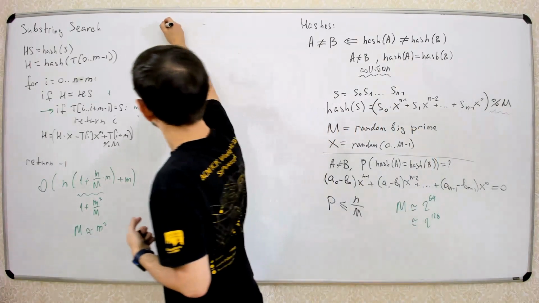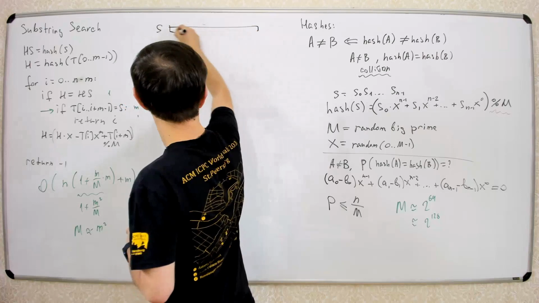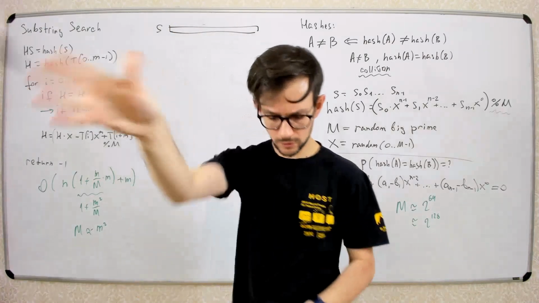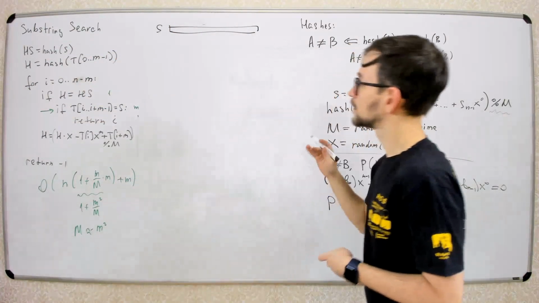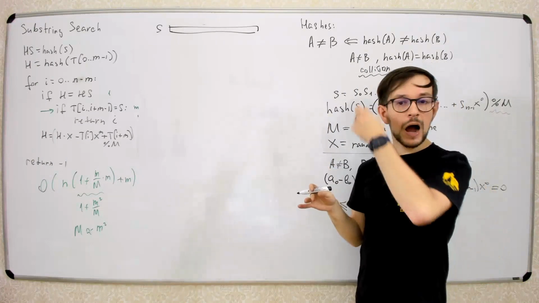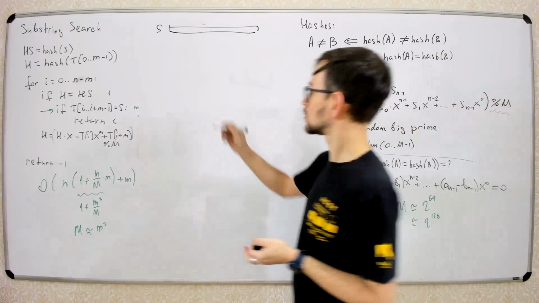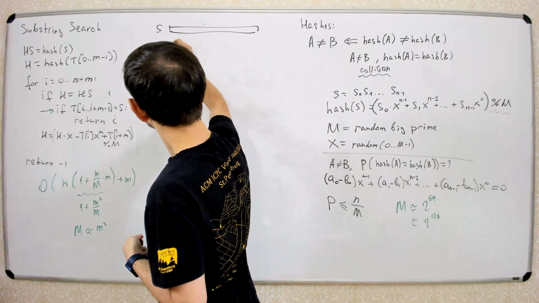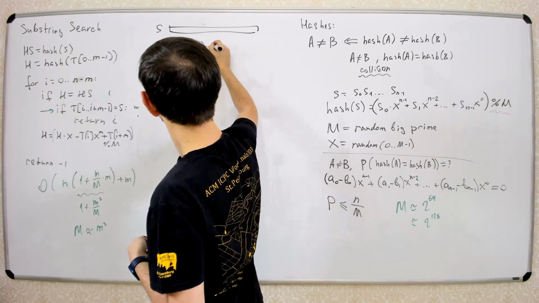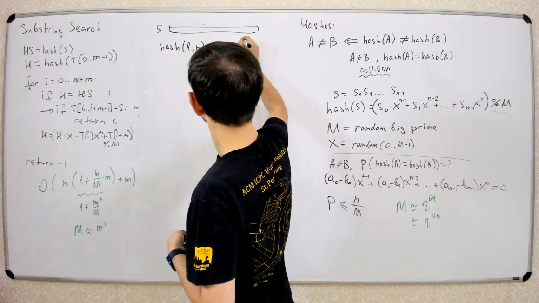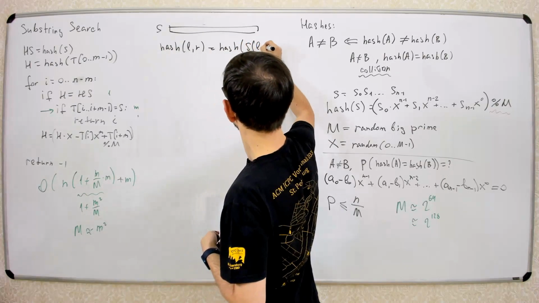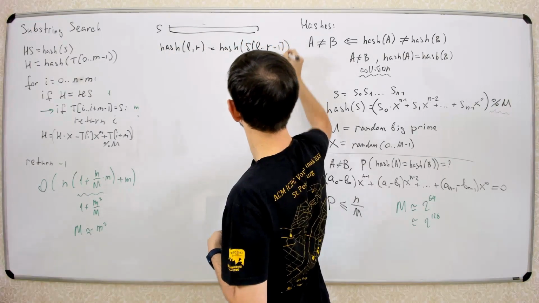Consider some string S. I want to be able to calculate the hash function of any substring of it. So I want to calculate hash from L to R, which will be the hash function of the substring from L to R minus 1.